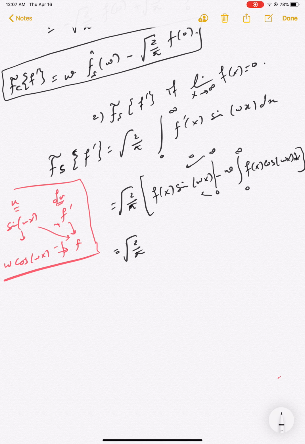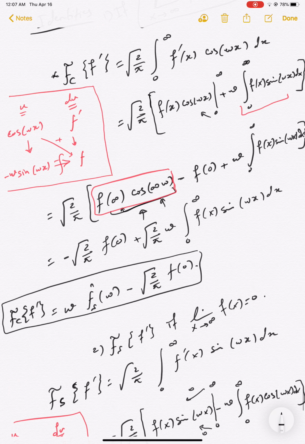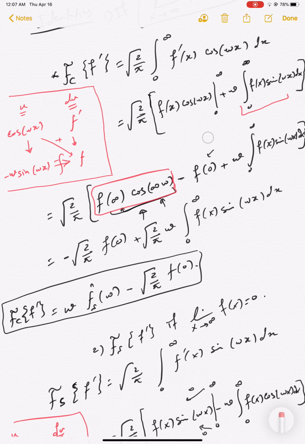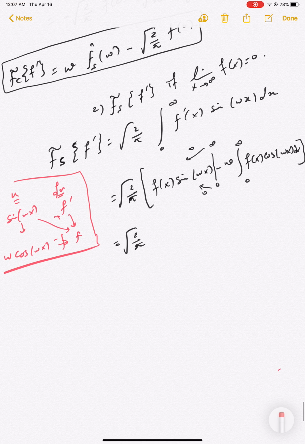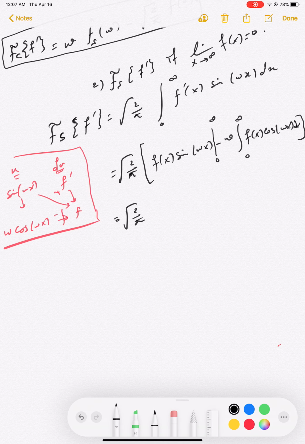But also this time, if you substitute the 0, you get 0. And remember, in the previous case, when you substitute 0, you don't get 0, you get f of 0. That's the difference. So when you see the two formulas, don't ask why they are different. They are different because of this. If you substitute the 0, you get 0 here, but if you substitute it there, you don't get 0.